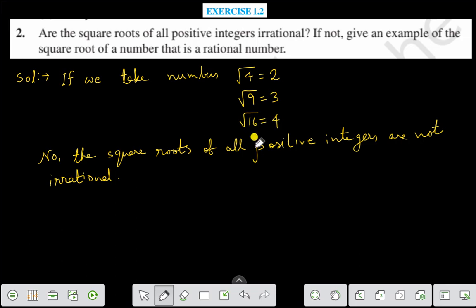For example, the numbers 2, 3, 4 are not irrational numbers. Here 2, 3, 4 are rational numbers.